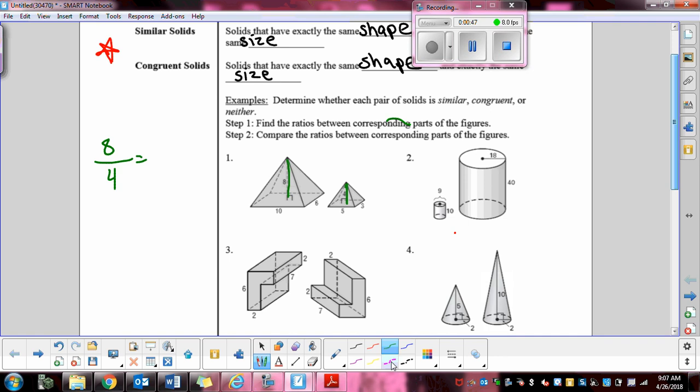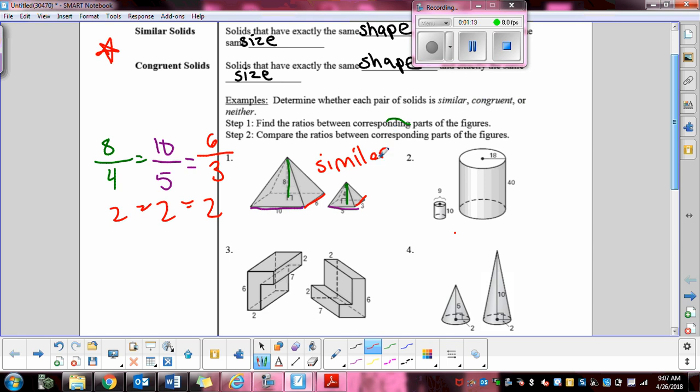Is that equal to the front base is 10 over the front base is 5? And is that equal to this side right here is 6 over this side is 3? If you plug these into your calculator, 8 over 4 is 2, 10 over 5 is 2, and 6 over 3 is also 2. Since they are equal, these pyramids are similar.